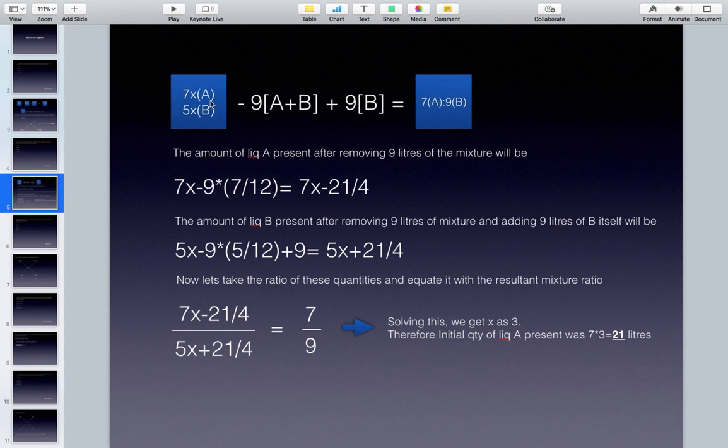Initially we have 7x and 5x quantities of A and B in the mixture, since the ratio is 7:5. Now we are taking 9 liters of the mixture A plus B from this can, and then we are adding only B, 9 liters of only B. Then we get the mixture with quantity of A and B in the ratio 7:9.